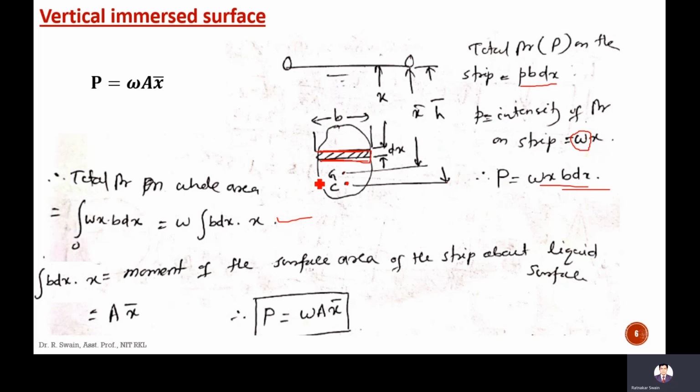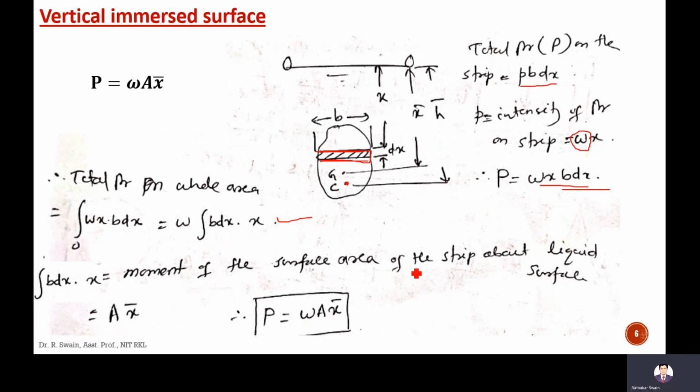Since it is the integration of B dx into x, we can write it as the total area A into the distance of the CG from the liquid surface, that is x bar. So the total pressure on the whole area, W x B dx, will be W into A x bar.